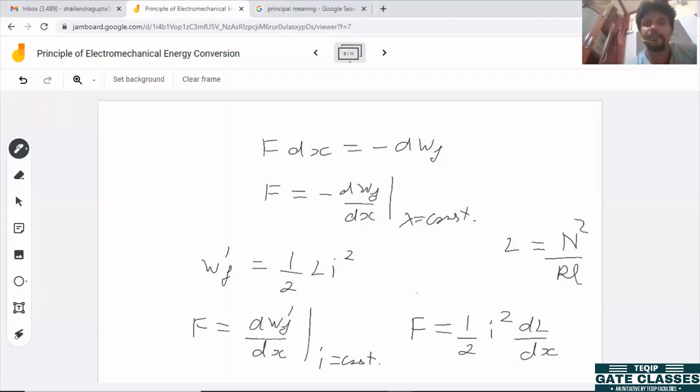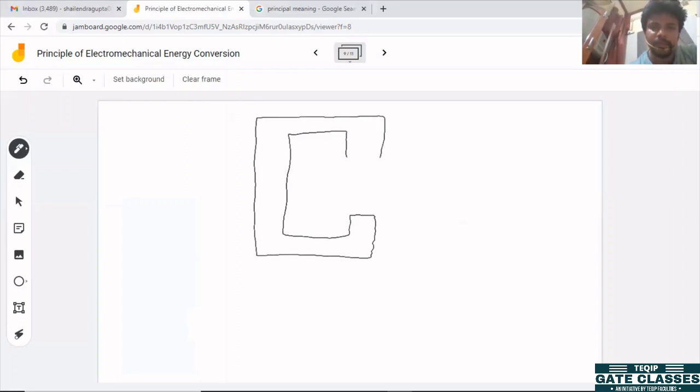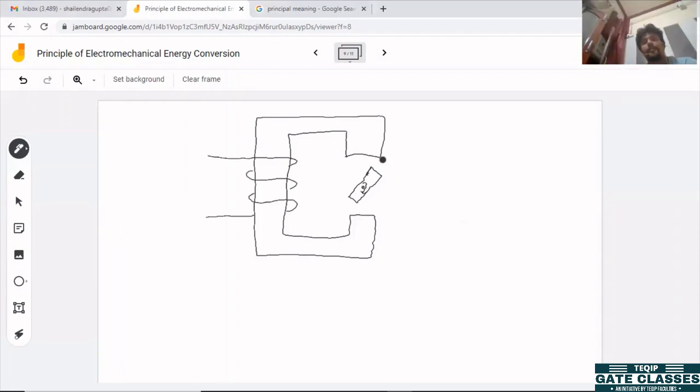The same concept applies when used in rotating machines. So we can use here a rotating machine diagram. Let us take this as our core, and this as our rotating device which can move. The force which we talk about in linear motion is represented by the torque in angular motion, and the movement is in the angular direction.